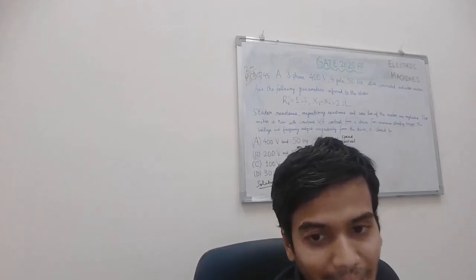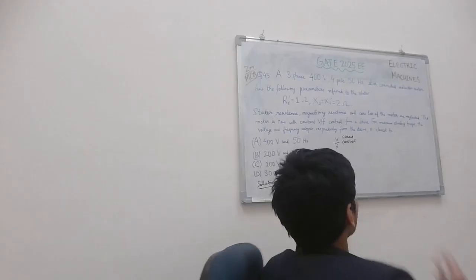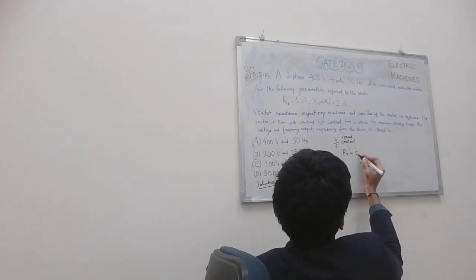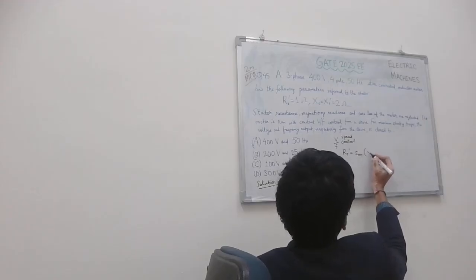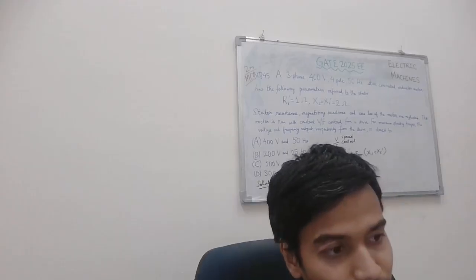So we all know the maximum torque occurs at a slip which is given by RR prime over the square root of RS plus XS plus XR prime squared.